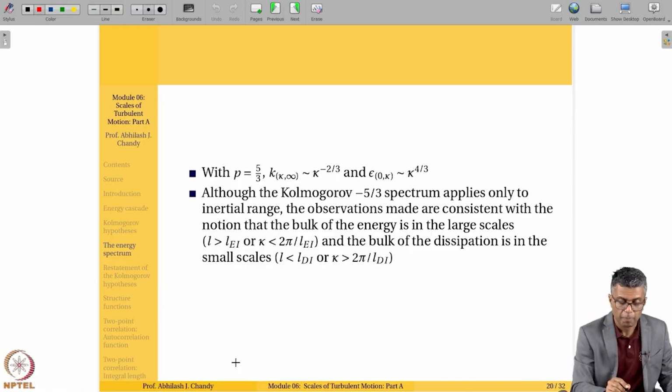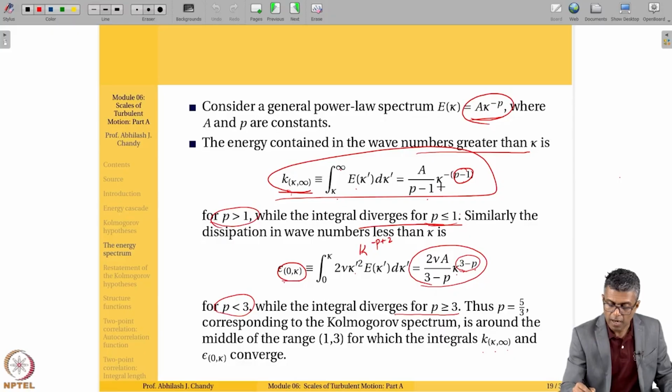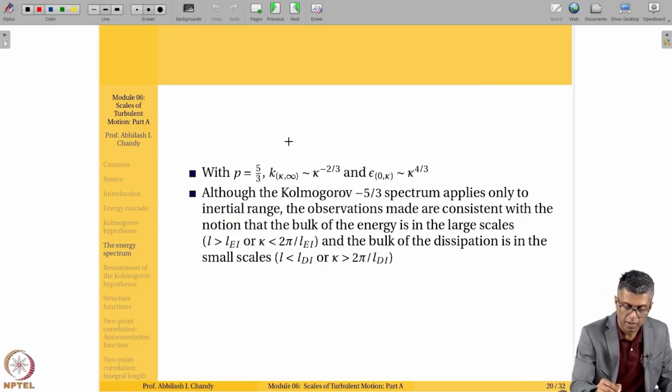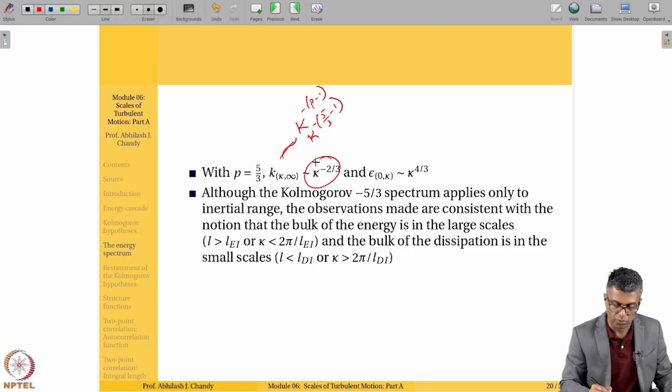So with p equal to 5/3, K from kappa to infinity is of the order of kappa to the minus 2/3, because it is kappa to the minus of p minus 1, isn't it? So that is kappa to the minus, p is 5/3, so 5/3 minus 1, which is kappa to the minus 2/3.